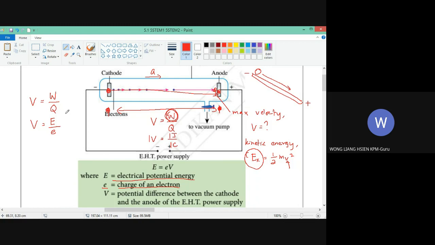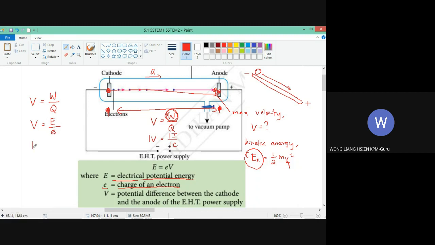Get the idea? All right, so the work done can be represented by electrical potential energy, and this amount of charge is the charge of one electron.